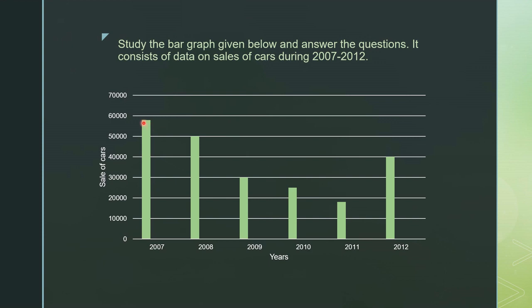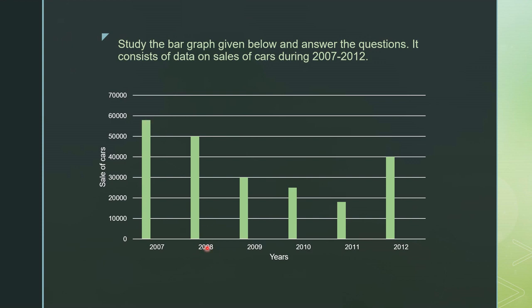We can consider it as 58,000 because it is larger than the middle gap. So here we consider that in 2007 the sales of cars is 58,000.